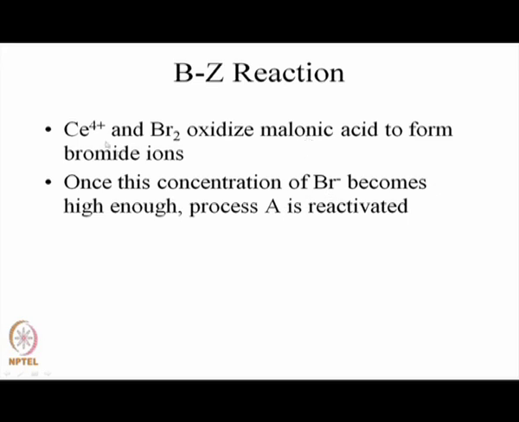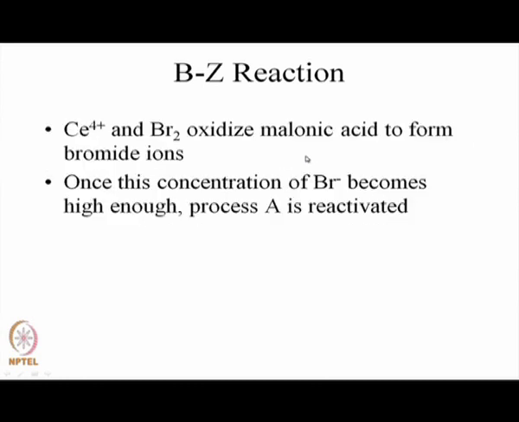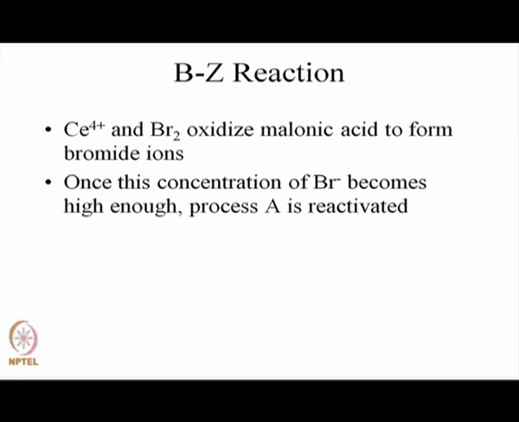So basically what is happening, you see that Ce4 is generated, ceric ion is generated. This ceric ion along with the bromine oxidizes your malonic acid and thereby generates Br minus. So when Br minus is generated, slowly Br minus builds up, and when Br minus is built up, then again process A is reactivated.